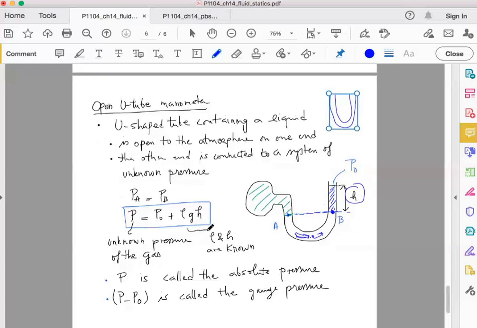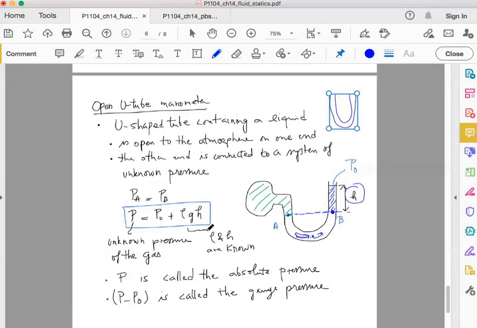Okay, so a general comment. When you determine the pressure at a given point, without any other detail, we are talking about absolute pressure, which is practically the pressure as we measure it in full, without any subtraction. This is what we call the absolute pressure. When you are asked to determine the gauge pressure, they mean by gauge pressure the difference between P and P naught, which is the difference between the pressure and the atmospheric pressure.